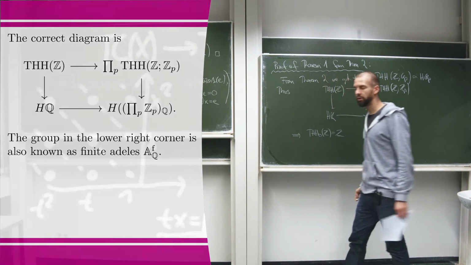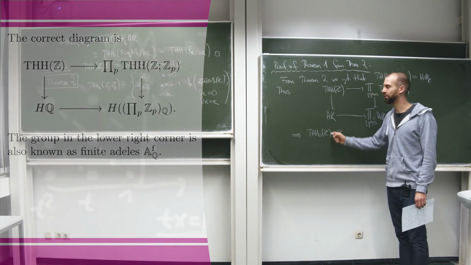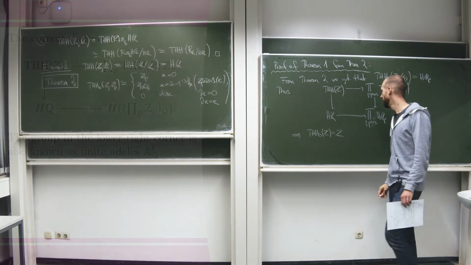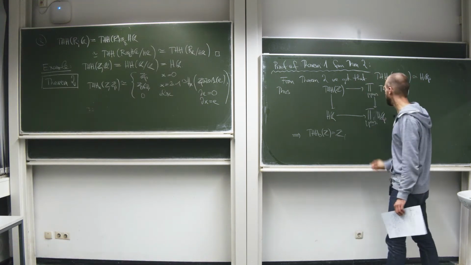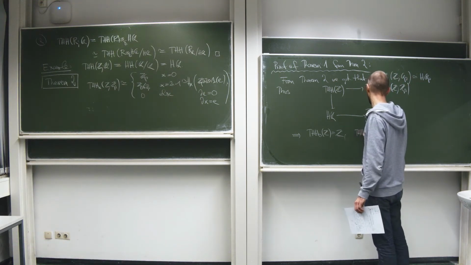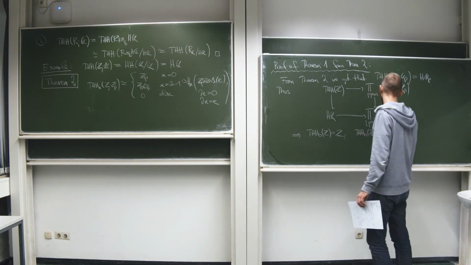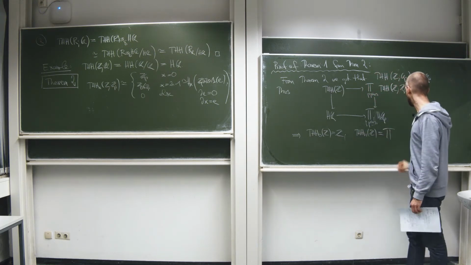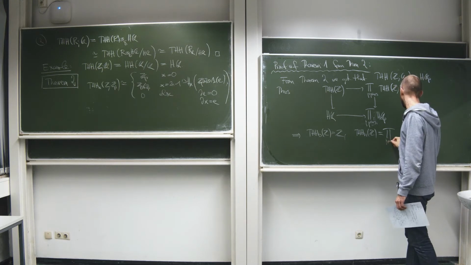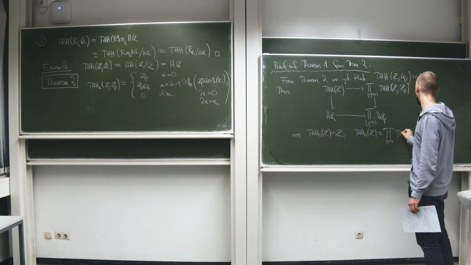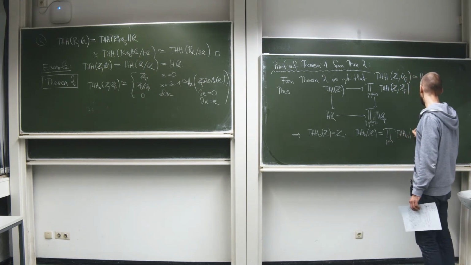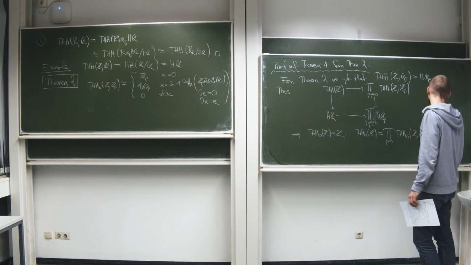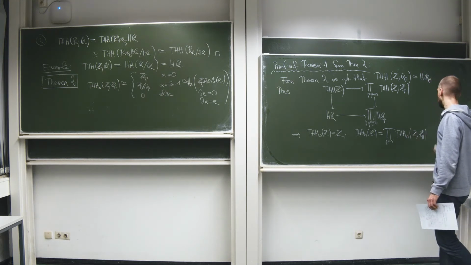I guess we had already known this for quite a while, but we get it nicely back here. But then also we see that in higher degrees, THH_n(Z) is just the product over all primes of THH_n(Z; Z_p) for n larger than 0.